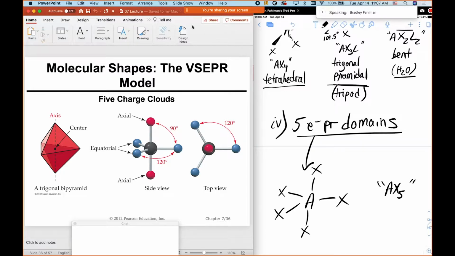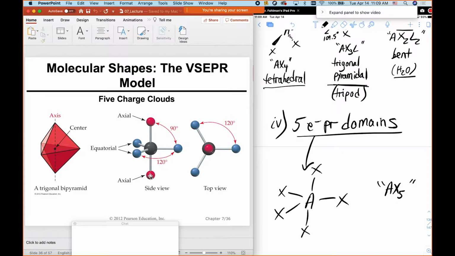As this is probably showing a lot better than I can draw it, does everybody see these blue balls here? These are three of the atoms that are bonded to the central atom. You can think of them as being on the plane of my paper. Maybe this one shows it a little better, the top view. So these three are on the plane of my paper or your computer screen. And then you've got two atoms, one coming out at you and one going in behind your screen. Those are these two.